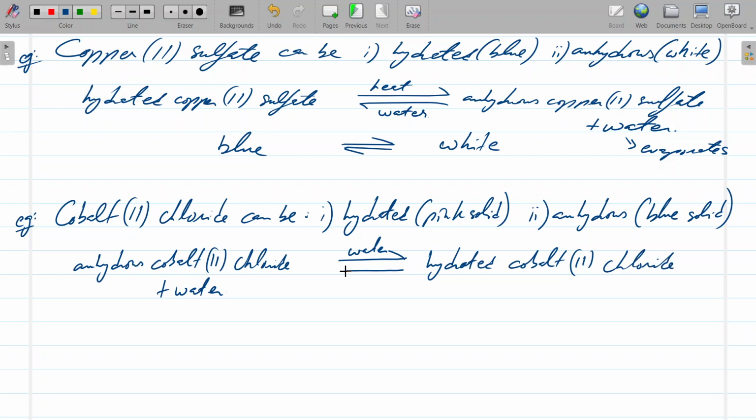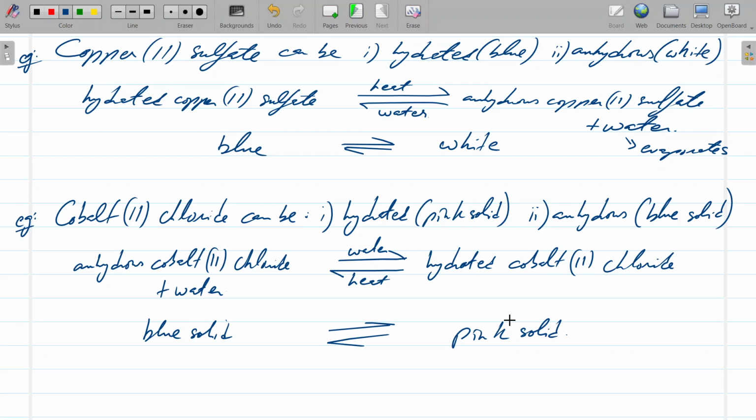And obviously going the other way, you heat it and you get the anhydrous. And so this one over here is blue, and this one over here is pink.